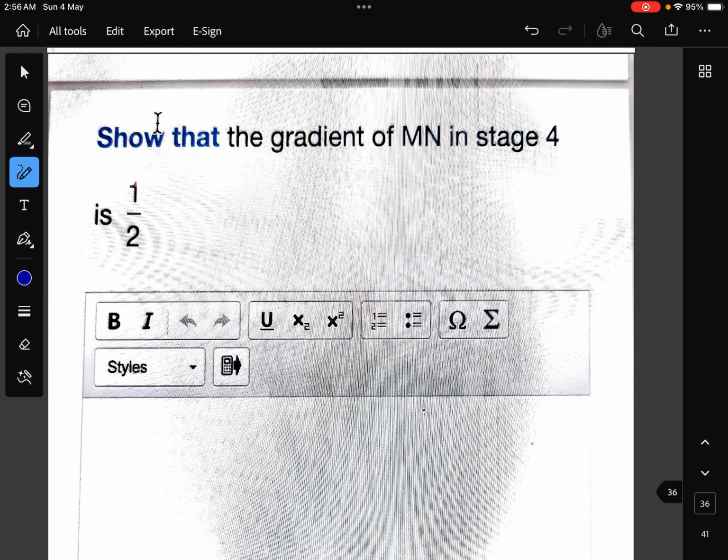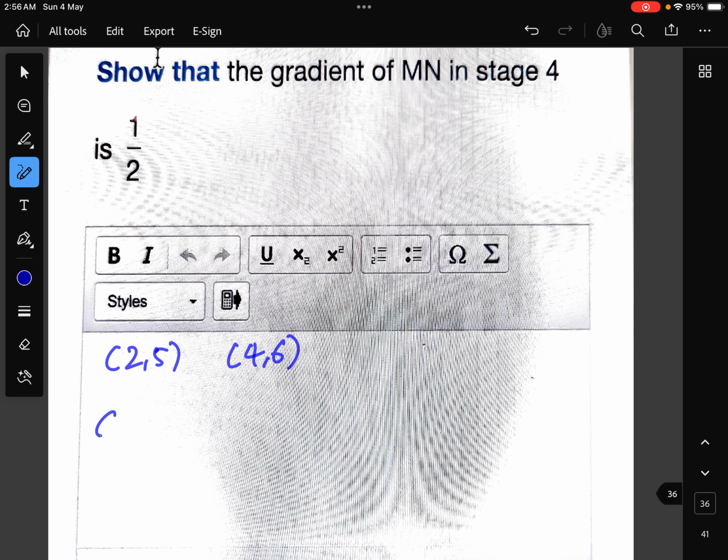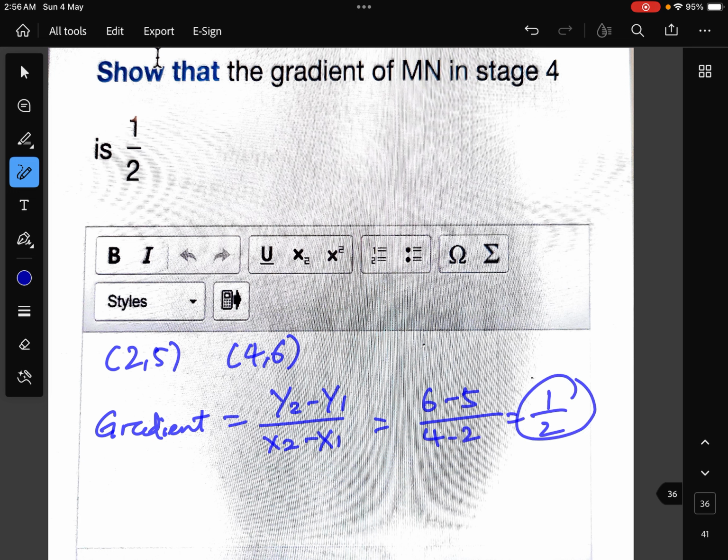We know that the gradient formula is simply (y2 minus y1) over (x2 minus x1). So I'm going to take 6 minus 5 divided by 4 minus 2, and that's just going to give me a half. And I just basically showed that the gradient is a half.